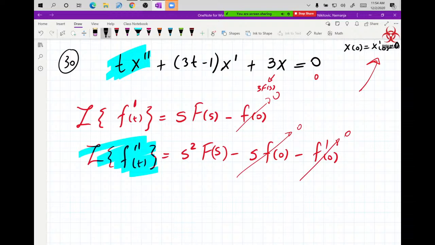We also have our derivative formula, which we just talked about, and that formula says that the Laplace transform of negative t times f of t is going to give us F prime of s.